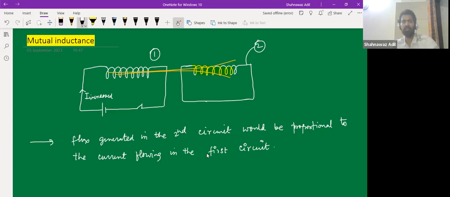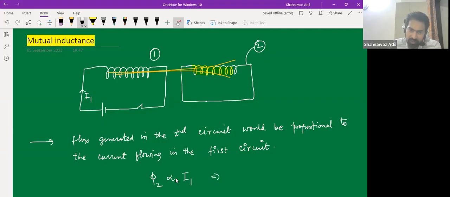Is this part clear? So this phi, let's say in the second circuit, is proportional to this current, let's say I1.